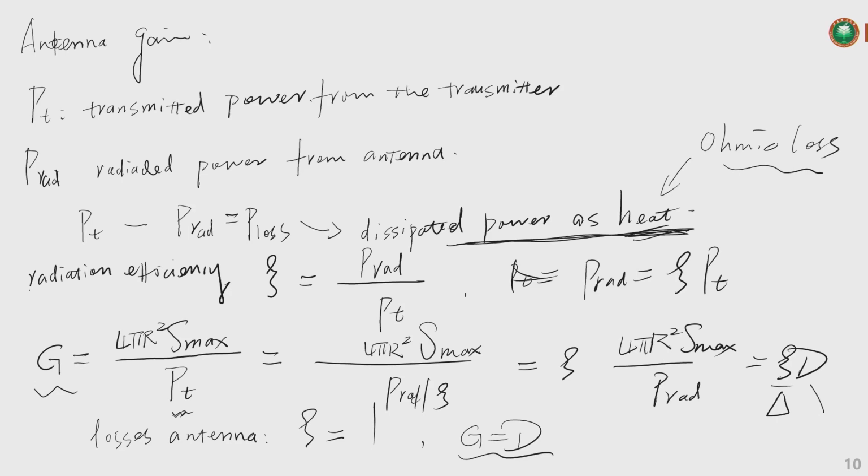Now we have introduced the parameter of radiation efficiency, right? It's related to the ohmic loss of the antenna, so we're going to take a further look at this part, the radiation efficiency.